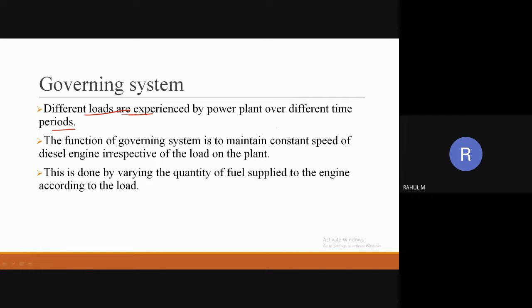To meet this, the governing system is used to maintain a constant speed of the diesel engine, irrespective of the load on the plant. It is basically used to maintain a constant speed.